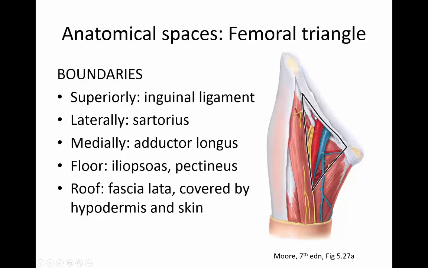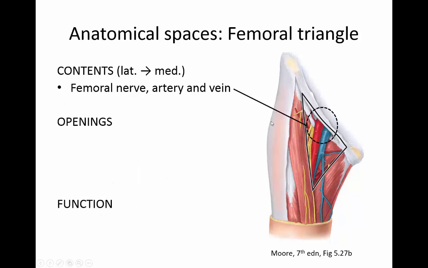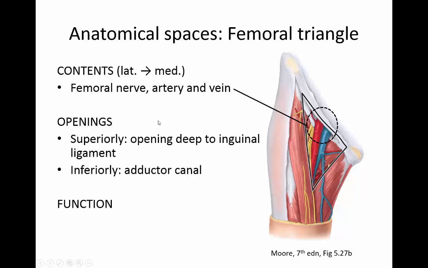We have a femoral nerve, artery, vein, and lymphatics in that order from lateral to medial, and some people like to remember navy or navel. And if you remember from medial to lateral, you might like to think of vein, artery, nerve. So from lateral, we have a femoral nerve, femoral artery, and a femoral vein.